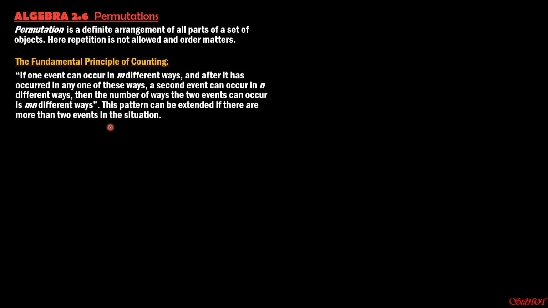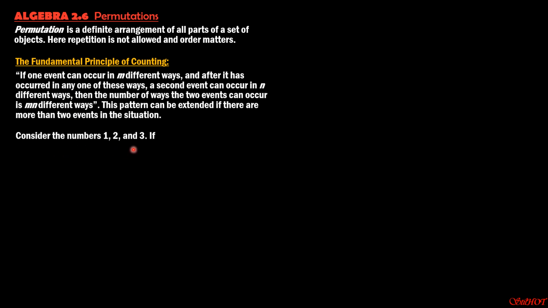Lee and Hanes, 5th. Lee and Bench, so 6. Those are the 6 different ways where you can wear a pant and a shirt. So I hope the fundamental principle of counting is clear.